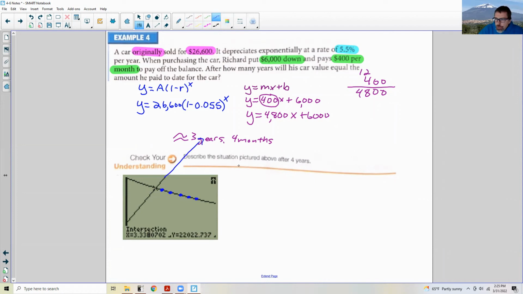So the situation there is the amount he has paid towards the loan of the car is more than what the car is worth. Okay, so there it is in words. The amount he has paid toward the loan of the car is more than what the car is worth. All righty.